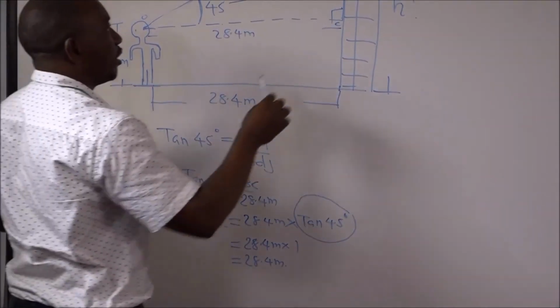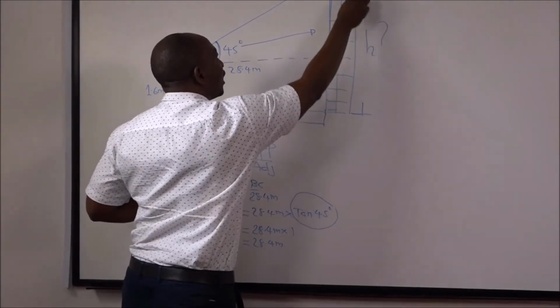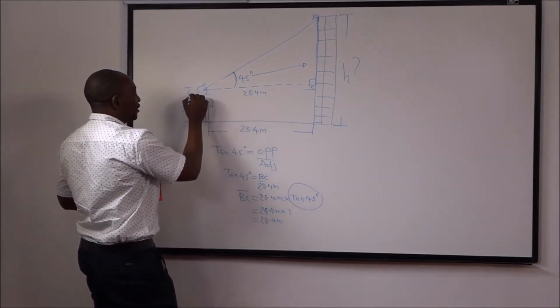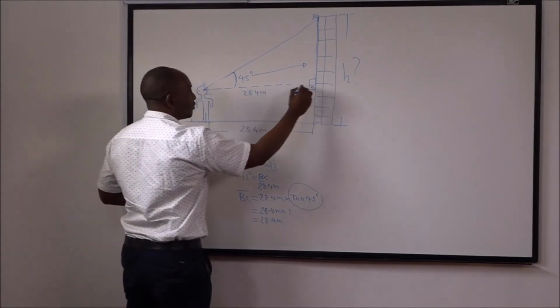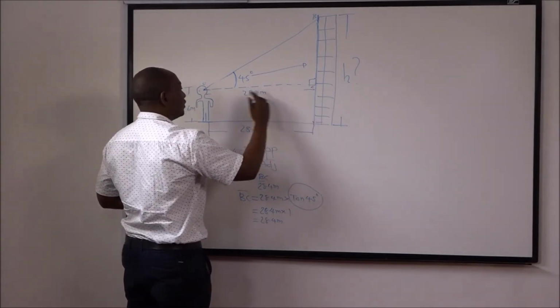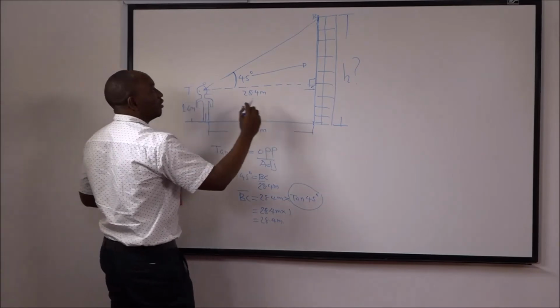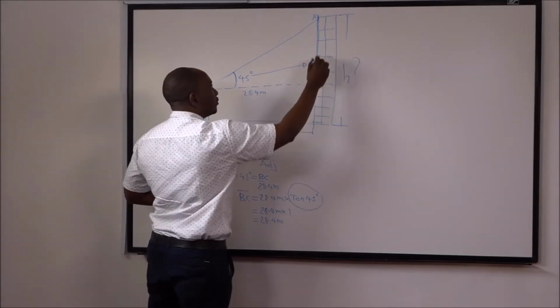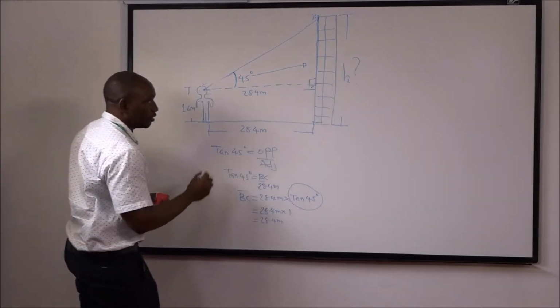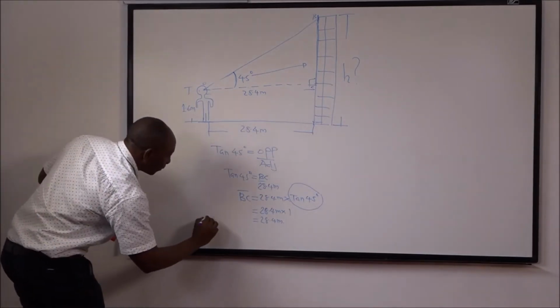Okay, so we have to calculate the height of this tower. We know that the height of the man is given as 1.6 meters. So obviously from here to this one will be 1.6 meters, because it is the same as the height of this person. And this one we have already calculated. So the total height will be this and this one added. So we'll get the height of the tower.